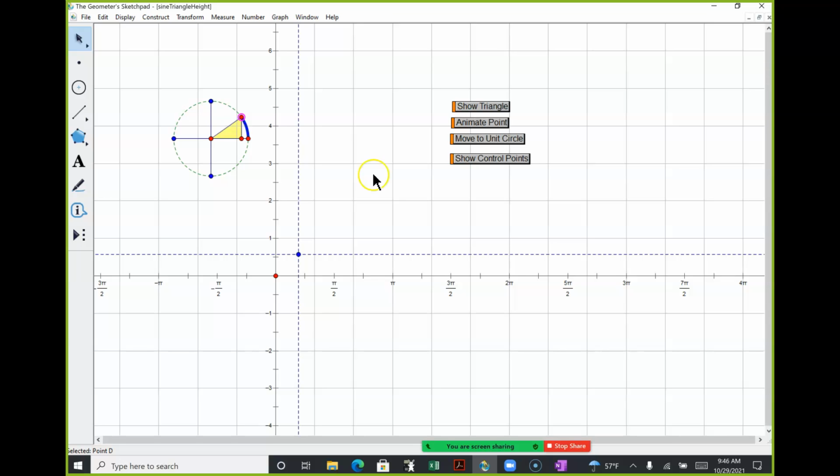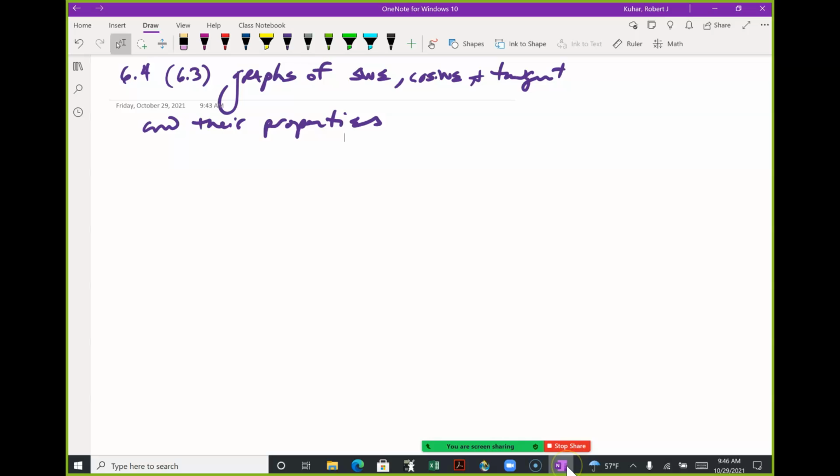Now, if you remember, when we use the unit circle, we could talk about sine much simpler, right? We could talk about the sine function. When I used the unit circle, which meant the radius was 1, and I had a height of y and a base of x, I got sine of theta was actually just the height of the triangle, right?